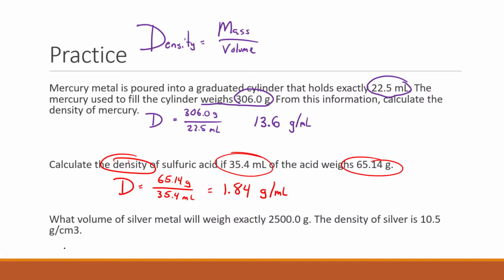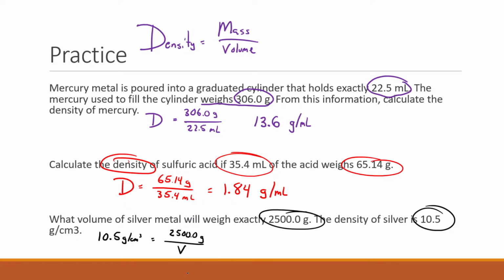And in our last question here, we've got a weight. We have a density, and they're asking us to find the volume. So here, we actually have a different setup. We're looking for volume.